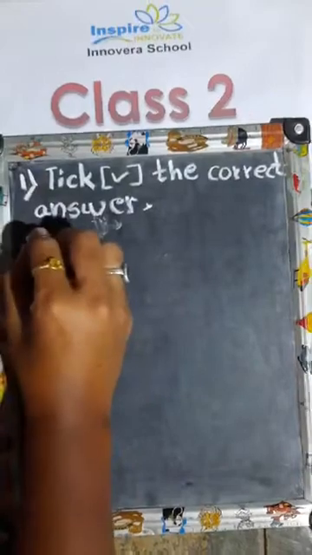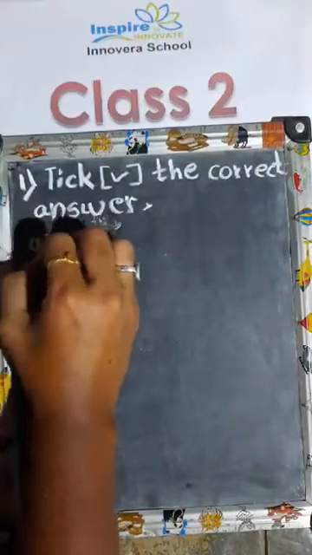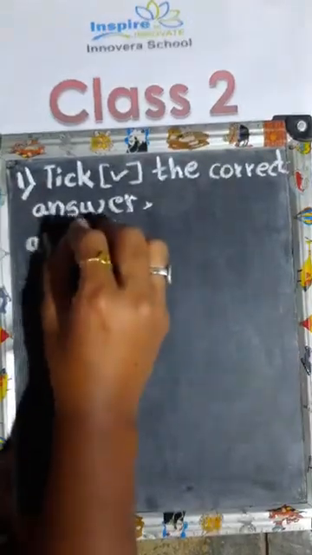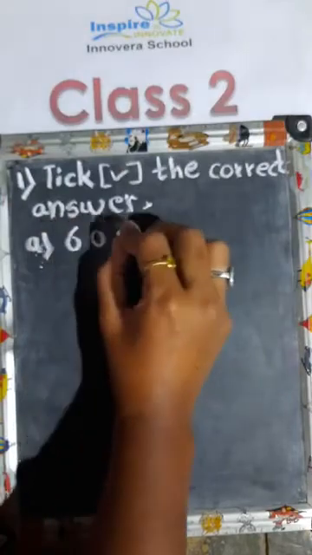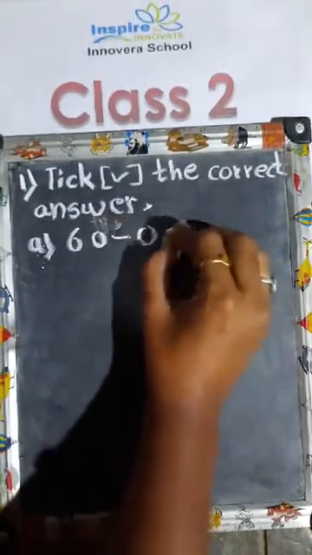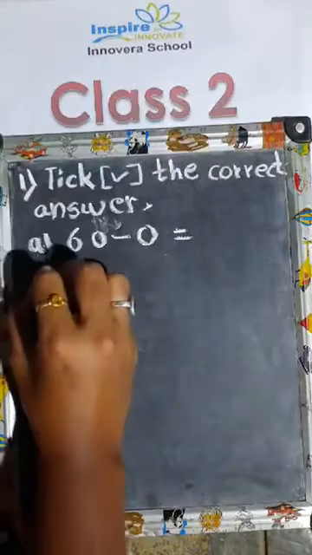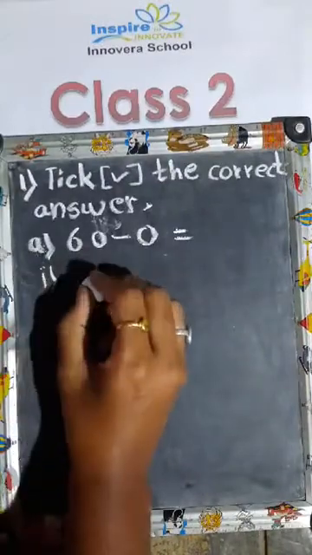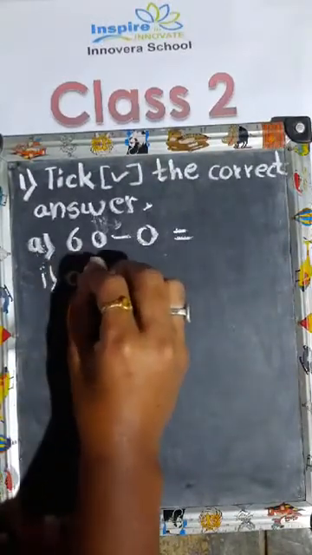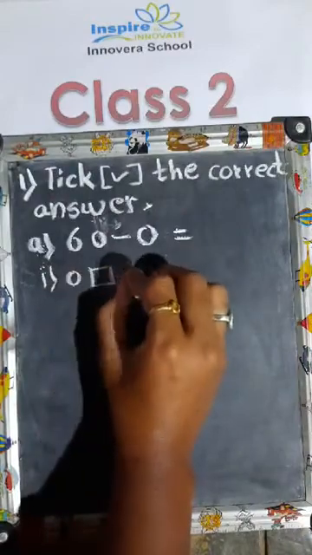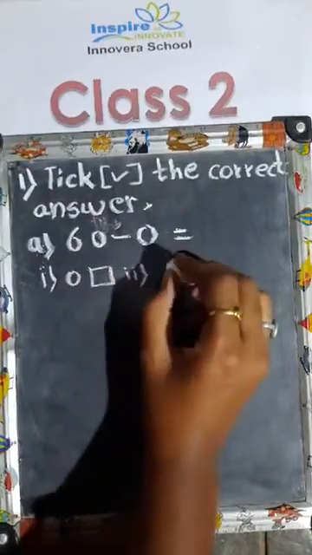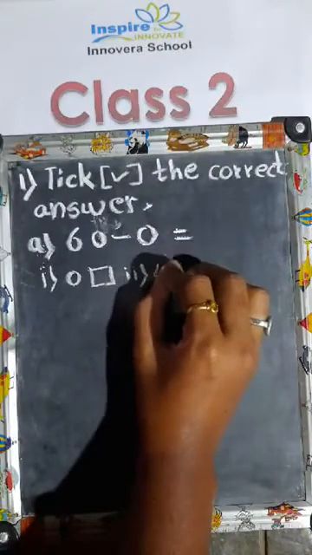From there, A, okay? A, 60 minus 0 is equal to, there are 3 options. How many options are there? 3. Among them, you have to choose one and you are going to tick the one.